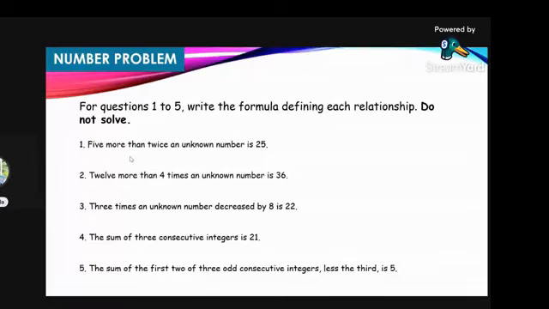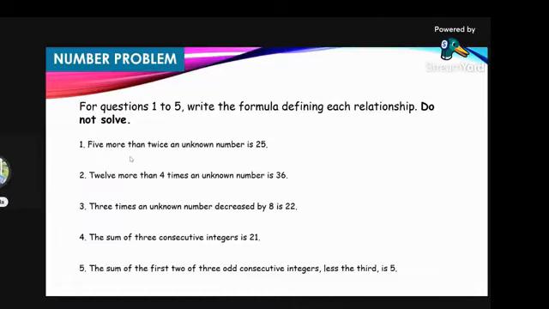Ma'am Diana: 5 plus 2x is equal to 25. Ma'am Rafael, Ma'am Jean, and Fawn also answered 5 plus 2x is equal to 25. I'll be waiting for the answers of others. I said, do not solve yet. Let's just translate the statements into mathematical expressions.